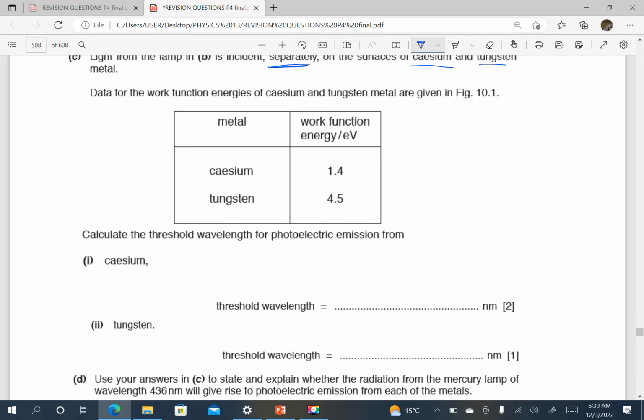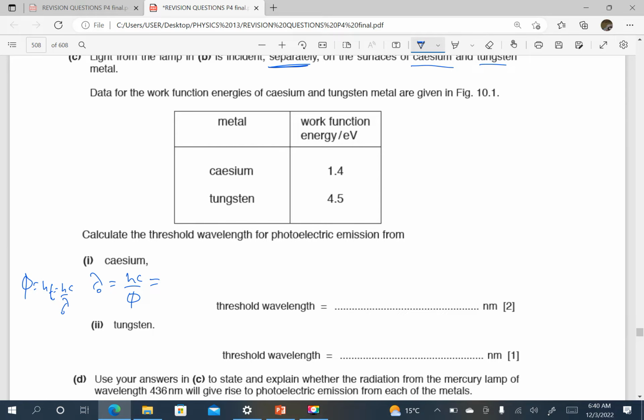Threshold wavelength lambda naught is always going to be hc divided by the work function, because remember work function is hf, which is hc over lambda.